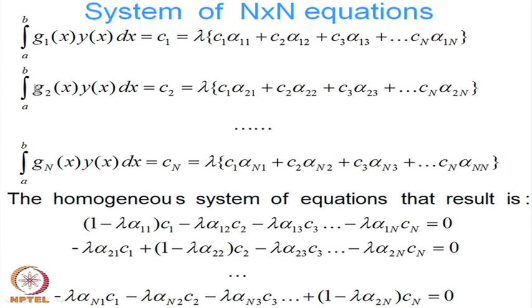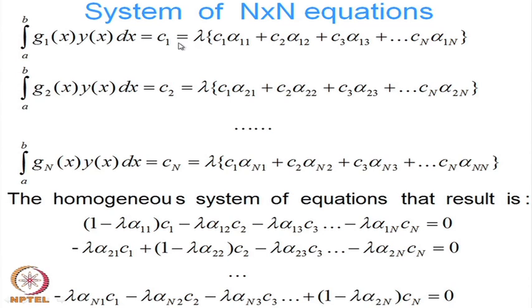And similarly I do this for all: I multiply again with g2 and integrate between a to b, I get this equation, and finally I multiply by g_n of x, integrate between a to b, and I get this equation. Pulling all the terms to the left hand side, if we look at the first equation, there is C1 here and C1 here.